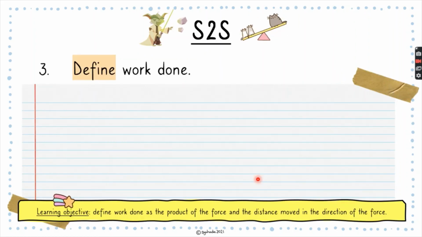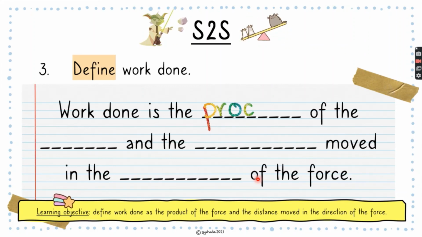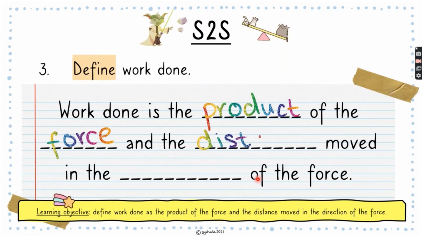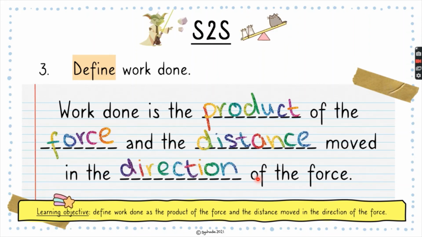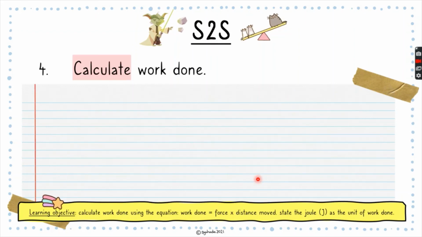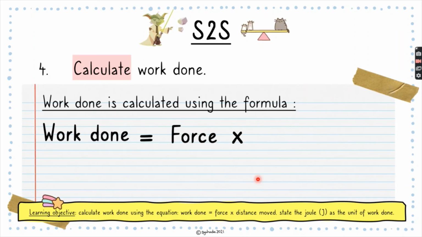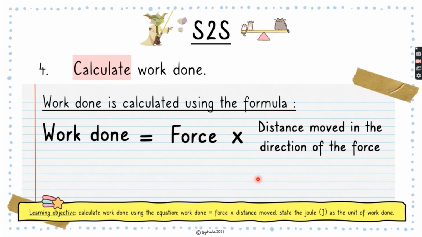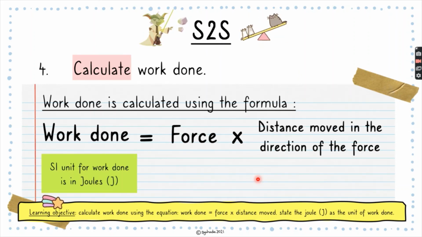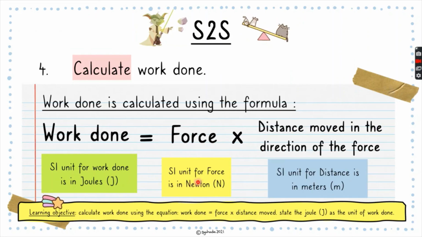How do we define work done? Work done is the product of the force and the distance moved in the direction of the force. And calculating work done can be done with this formula. Work done is equals to force times distance moved in the direction of the force. Remember that the SI unit for work done is joules, force is in Newton, and SI unit for distance is meter.